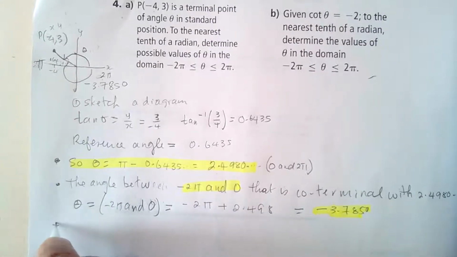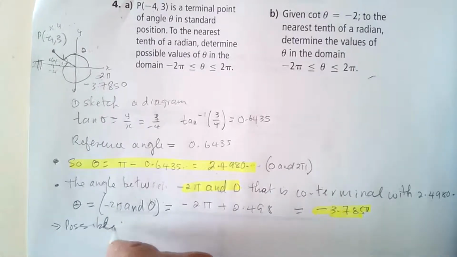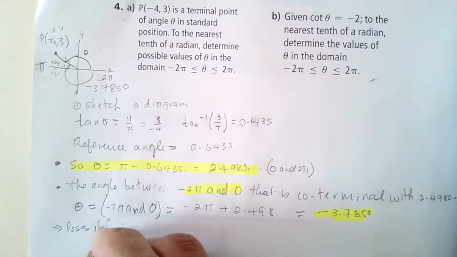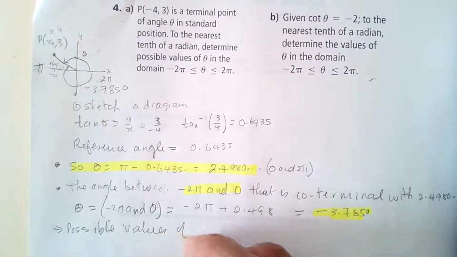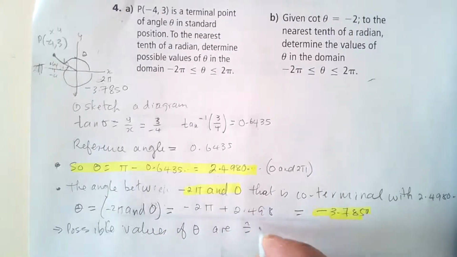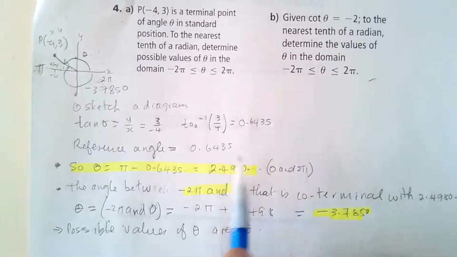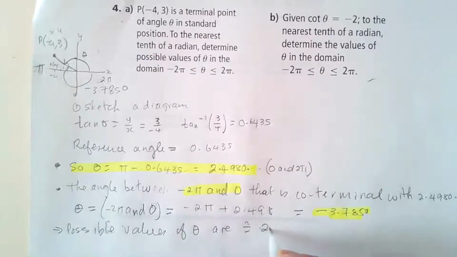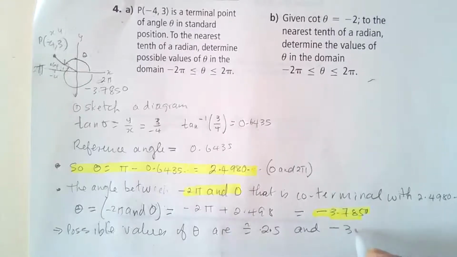So finally, the possible values of theta are approximately 2.5 and negative 3.8.